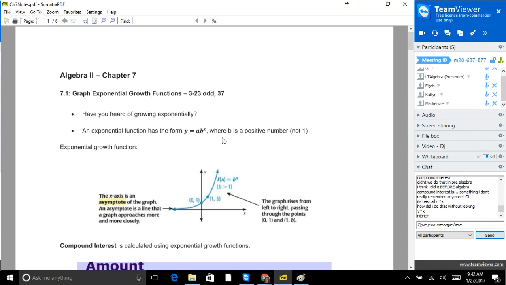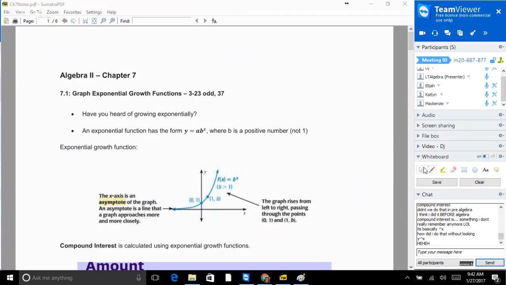Okay, so we're going to look at a couple of these graphs, and you can kind of see that. When you have growth, let me turn on my pen here. What this is graphing is y equals b to the x power.